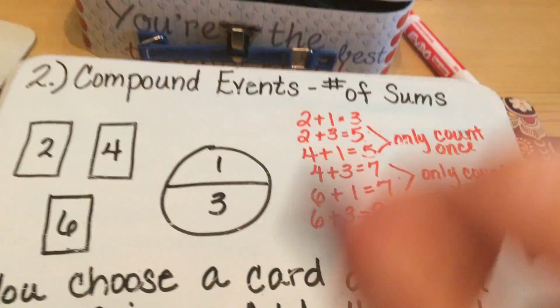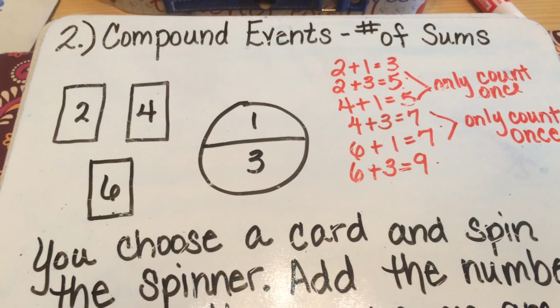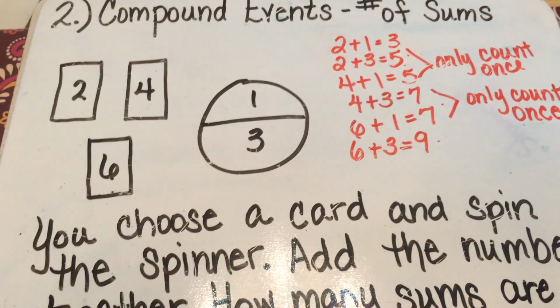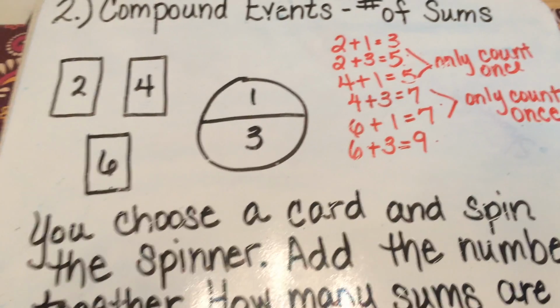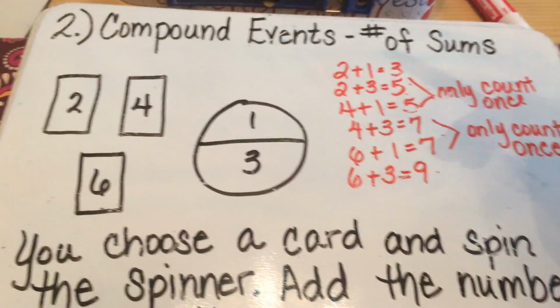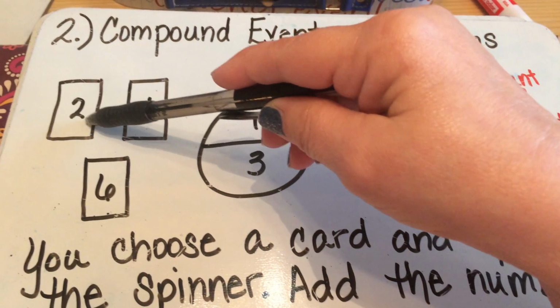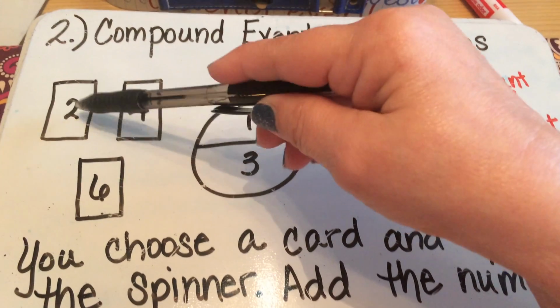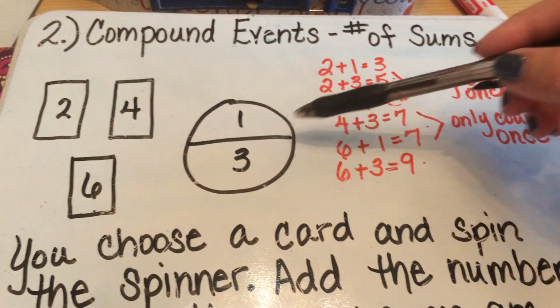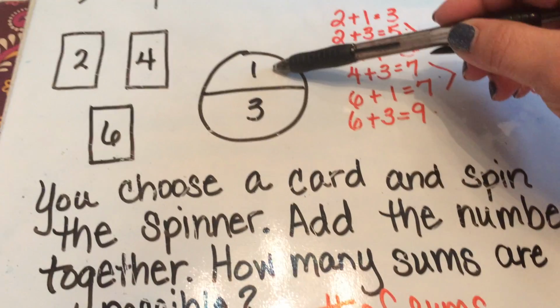Next, we're going to look at compound events and the number of sums. Well, this is the same as what we just did, except we're adding the sum of the numbers instead of just writing down the numbers. So, if you drew a card that had a 2, you could either spin a 1 or a 3 on the spinner.